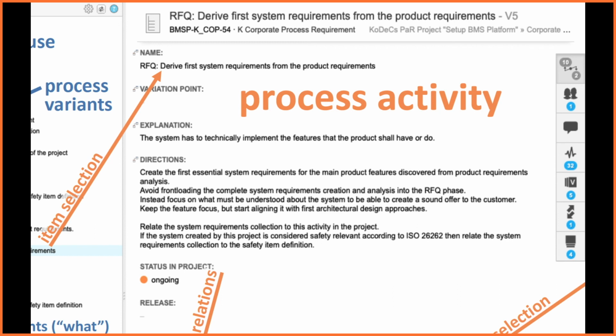And the relations also could go to dedicated work products so that we do not only see the progress in the project, but also the gaining of maturity in the product that we create in the project. Let's go to the relations that are underneath of this process activity in the screenshot in case of this tool.